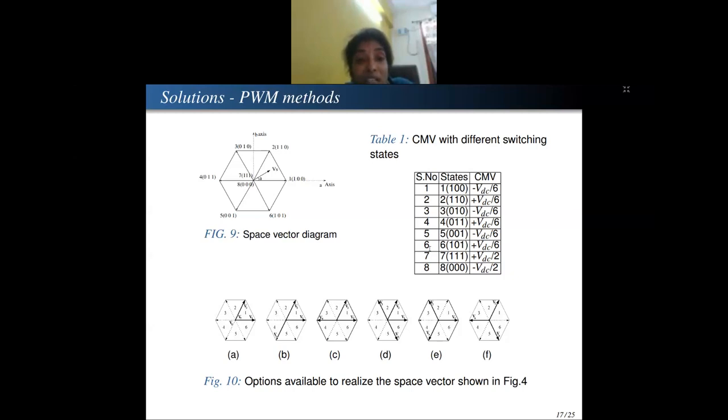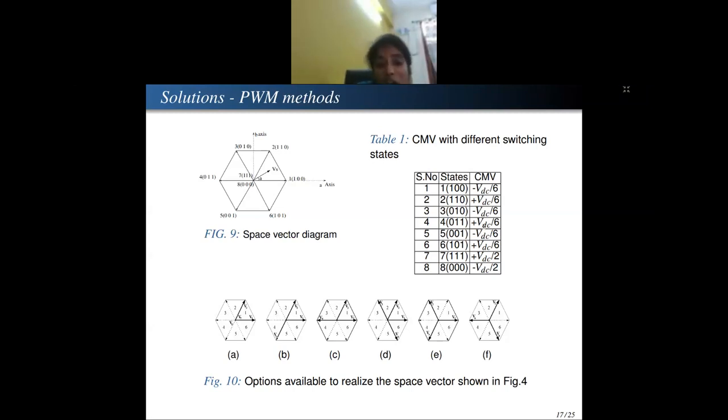And the zero vector, which I am using to control the output voltage of the inverter, gives the highest common mode voltage. It is plus VDC by 2 and minus VDC by 2. If I can avoid these two states somehow, I would be able to limit the common mode voltage of my system to plus or minus VDC by 6.